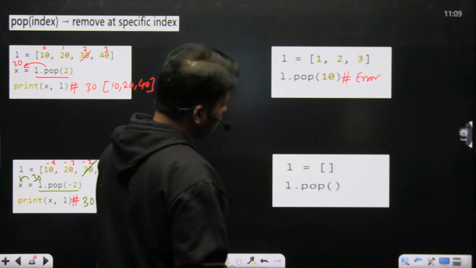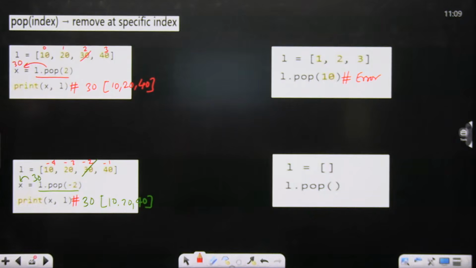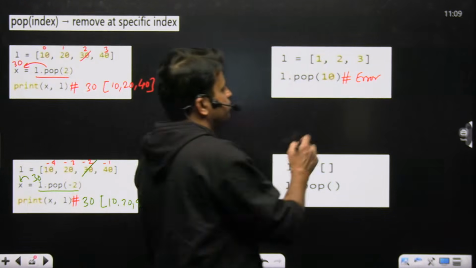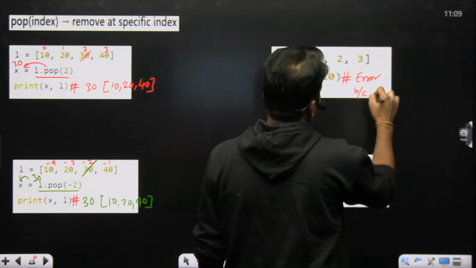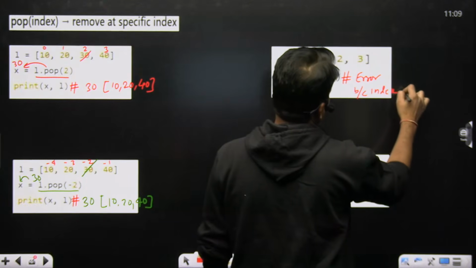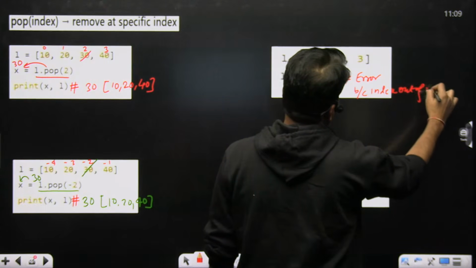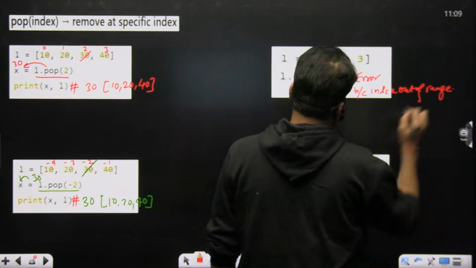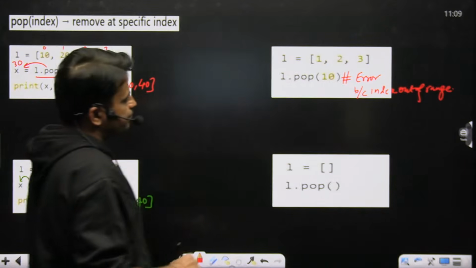Now L equals to this, L dot pop. What is the output? What about this one, student?